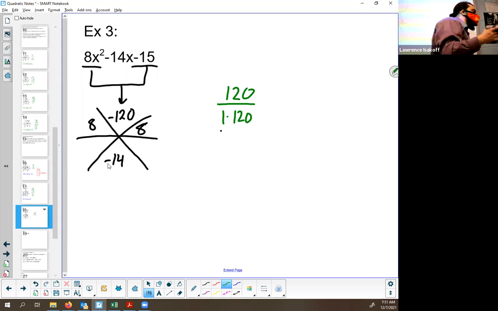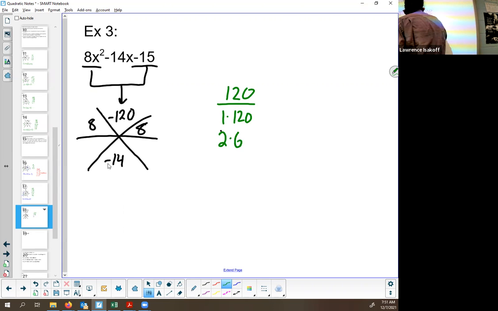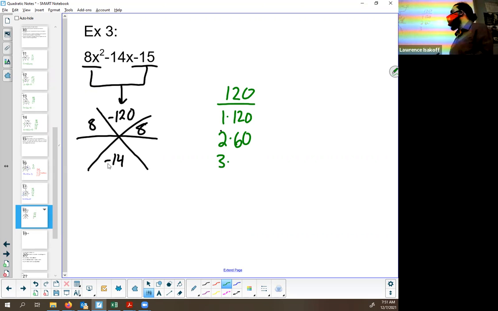Now, let's see, 120, that seems like it should be divisible by 2, right? So what would that be? 2 times what? 2 times 60. Okay, I look, 60 would be divisible by 3. So that tells me 3 is probably going to work on this. 3 times what gives me 120? 3 times 40.